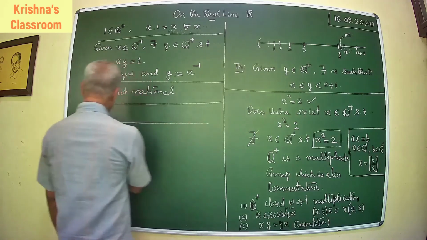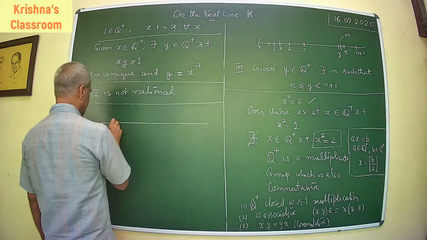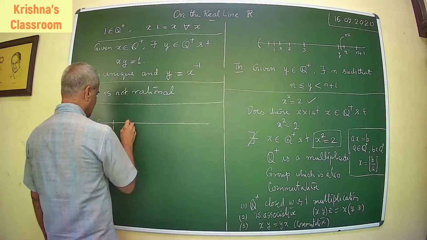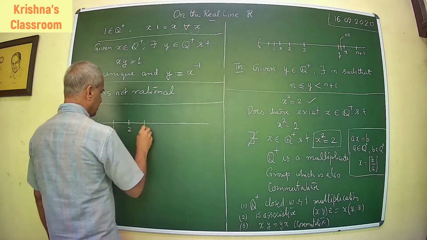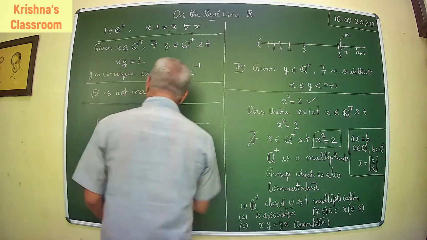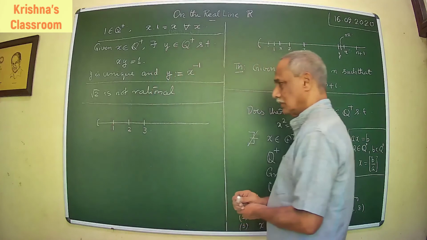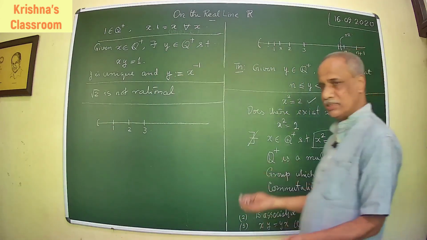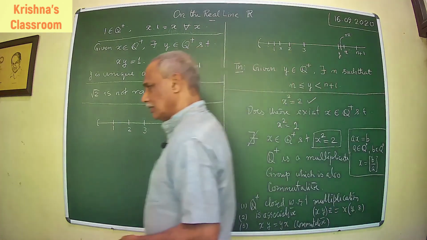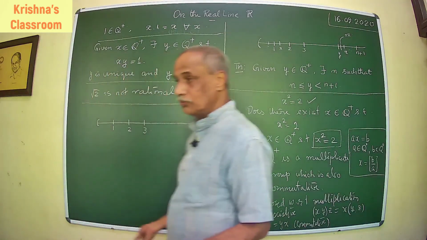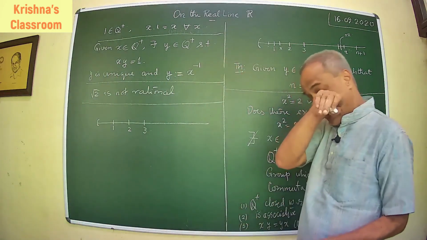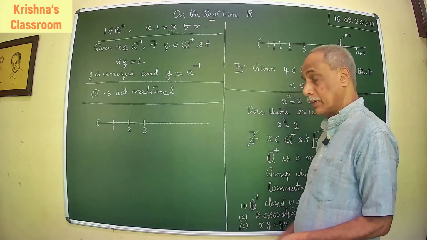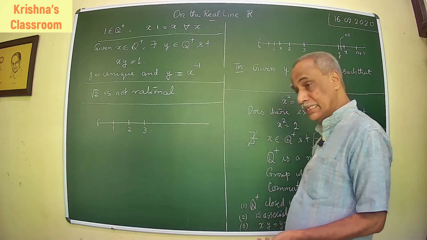So you have now this set, and this is full of gaps. Like root 2 is not accounted, e is not accounted, pi is not accounted. It's not easy to prove that pi is not rational, or e is not rational.